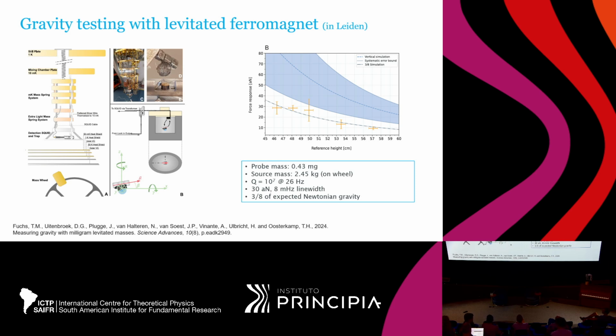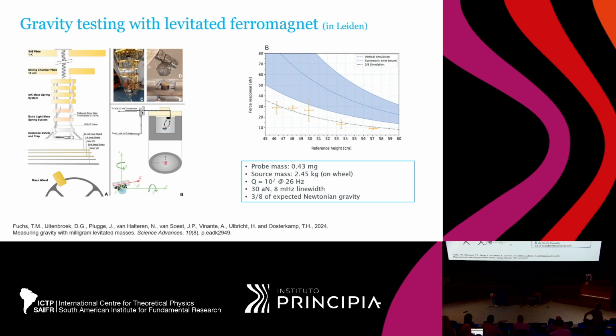Yeah, so you basically resonantly enhance the gravity coupling. And of course, you have to make sure that vibrations of the wheel in particular don't couple to the probe system, and they don't couple in other ways, only by gravity. And then you measure gravity, which is shown here. These crosses are the measurement points with error bars for different distances.